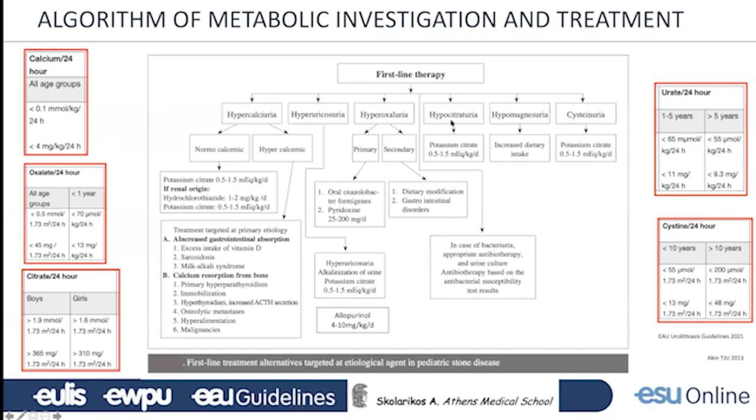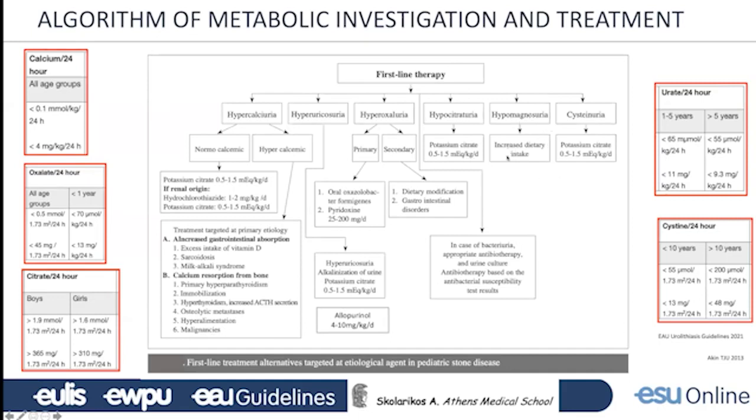If the patient is hypocitraturic, meaning the child has less than 365 milligrams per 1.73 square meter per 24 hours in males, and a little bit lower for girls, then the treatment is potassium citrate 0.5 to 1.5 milliequivalents per kilogram per day.